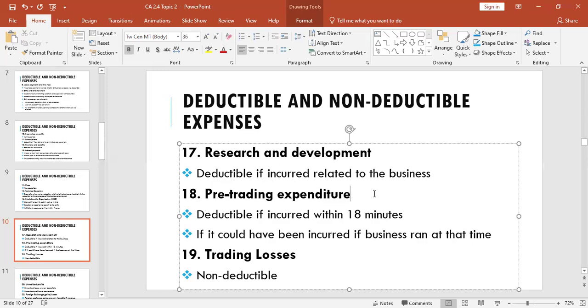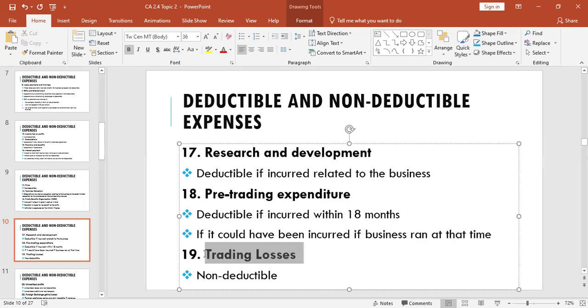Those expenditures are deductible for tax purposes if they're incurred within 18, not 18 minutes, but 18 months before starting the business, and if they could have been incurred had the business been running at that time. So if the business were running 18 months ago, and those expenses would have been incurred, then they are supposed to be deducted for tax purposes.